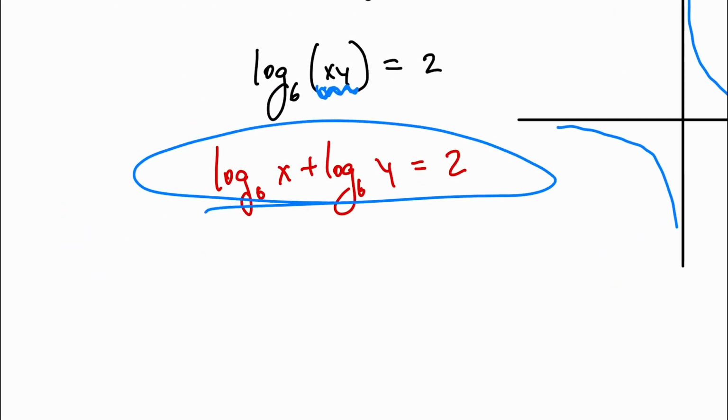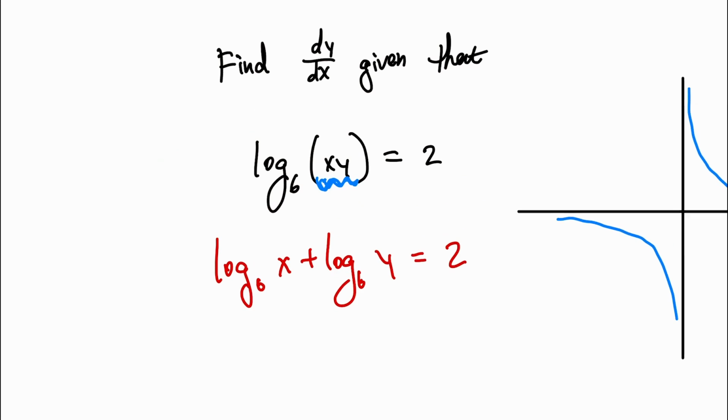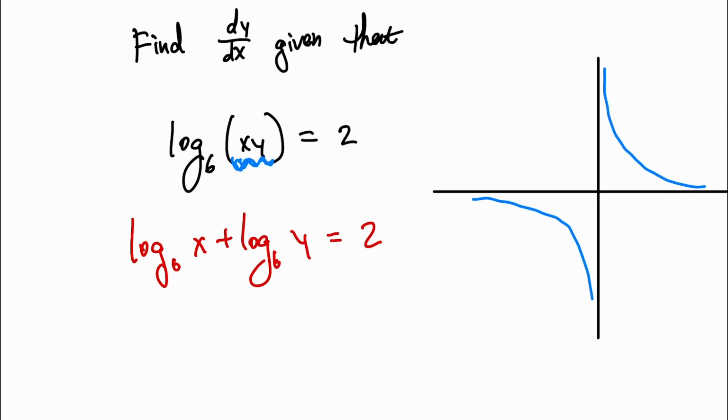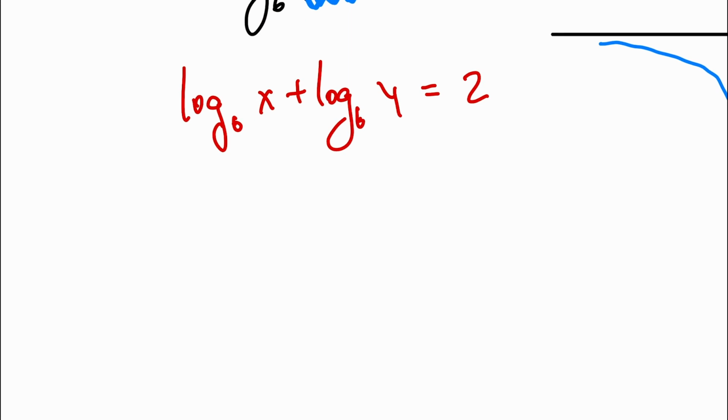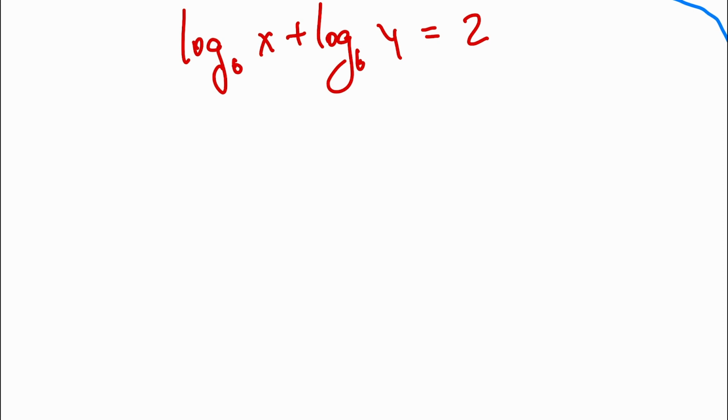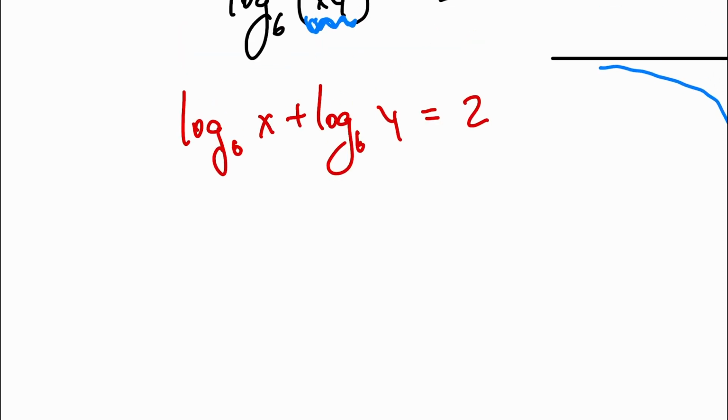If we differentiate this equation, it will be the same equation, even if it is in the third quadrant. And we can use implicit differentiation that we went over a long time ago. So we need to take the derivative of both sides.